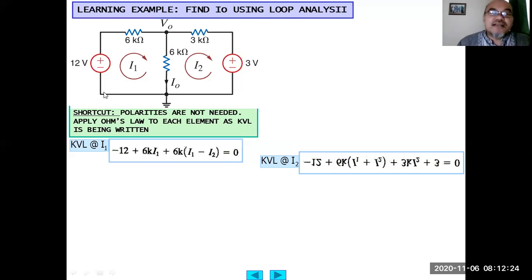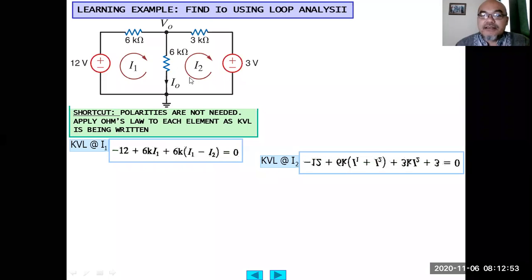So negative 12 plus 6 kilo ohm I1, then the next 6 kilo ohm has two loop currents flowing through it. The first is I1, the second one is I2. Since in KVL for loop current I1 we go according to the direction of I1, I1 will be positive, while I2 will be negative. So here plus 6K multiplied by I1 minus I2 equals 0.